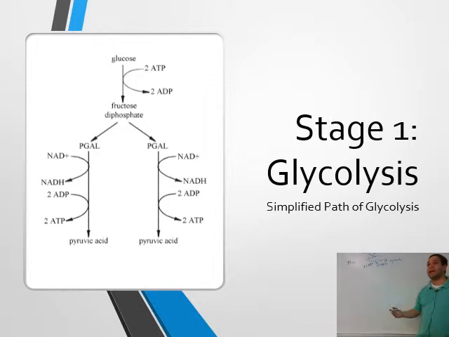Because if you can draw it out, you own it. You may want to draw this down so you can explain it. Say that glucose is broken down through the process of glycolysis into 2 pyruvate. In the process, it converts 2 ADP to 2 ATP and 2 NAD plus to 2 NADH. So if you can draw it, it's much easier to explain.